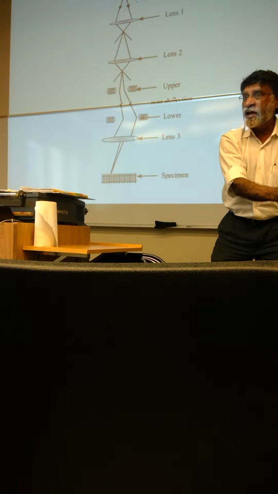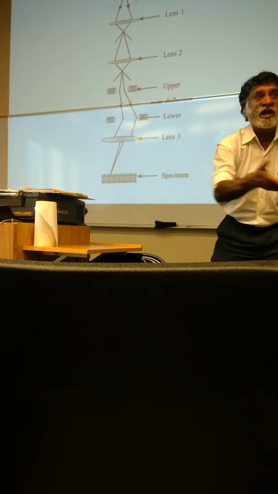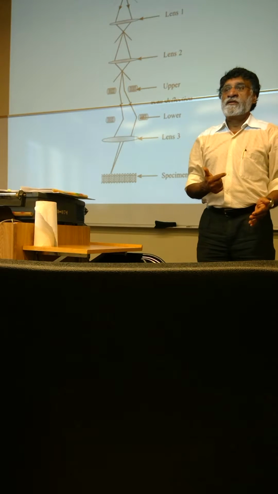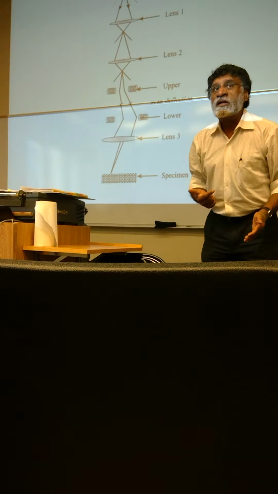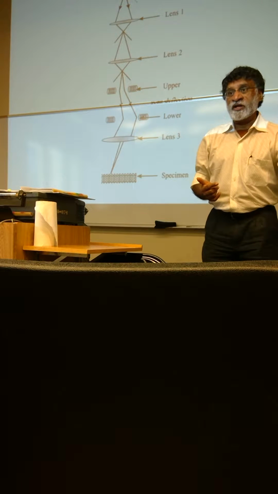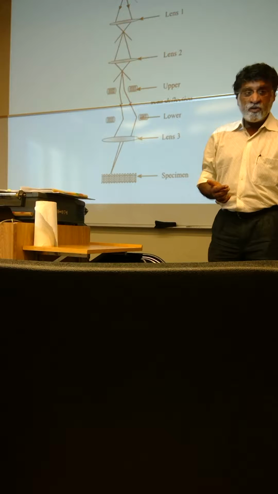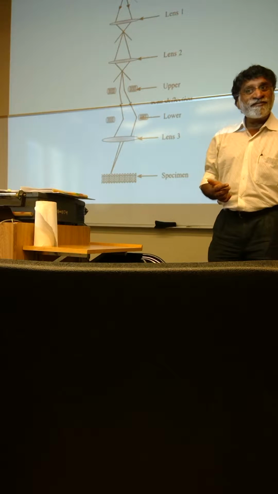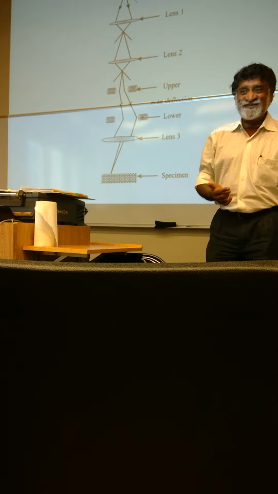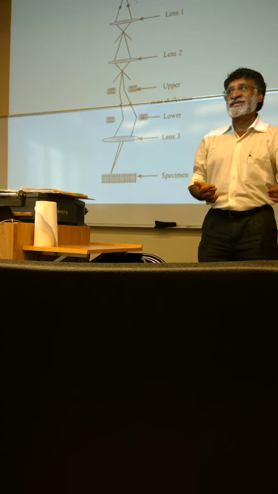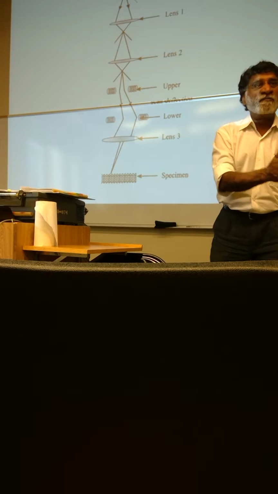Does anybody know why it deteriorates as you go away from the optic axis? Probe is going to spread, isn't it? One aberration becomes dominant when you go away from the optic axis. Is that stigmatism? No. No, there's only one left now. That's a spherical aberration. The spherical aberration becomes critical as you go away from the optic axis.